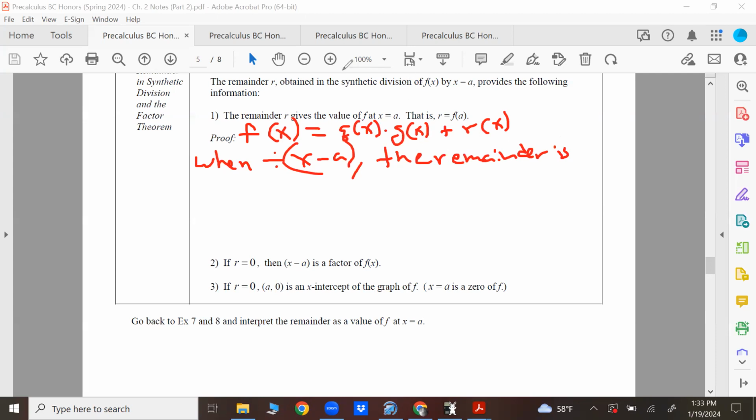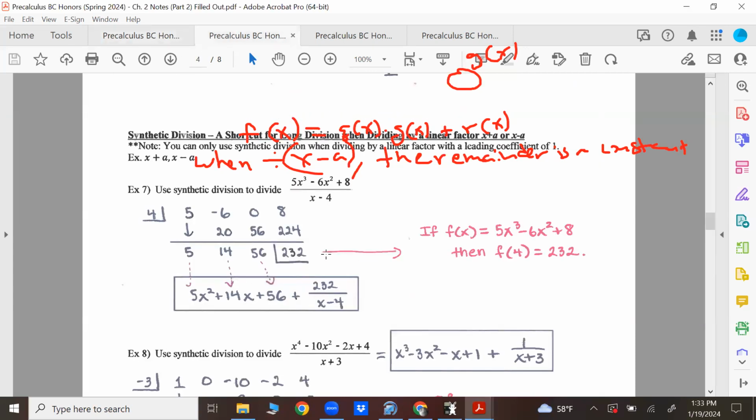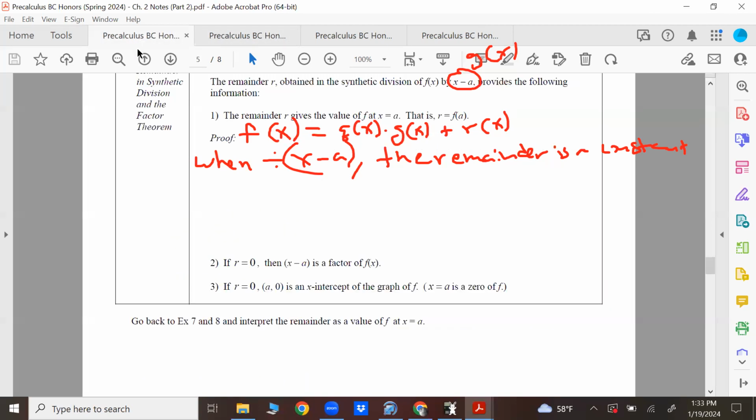So x minus a is g of x, by the way. Just like we saw in the example I just showed you in the filled out notes, the remainder is a constant, 232, right? So what this means, yeah, go ahead. General rule, yeah.